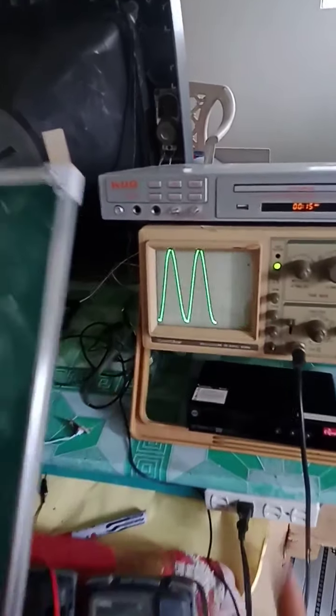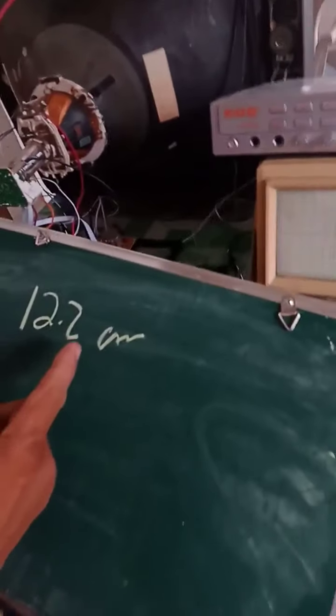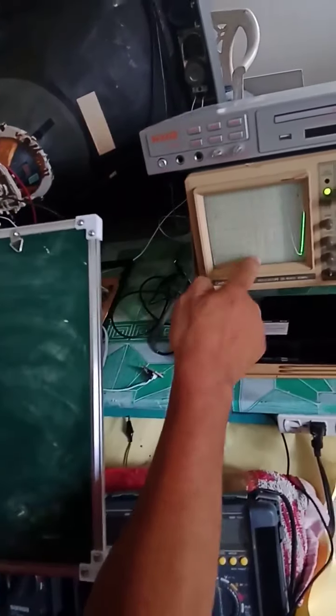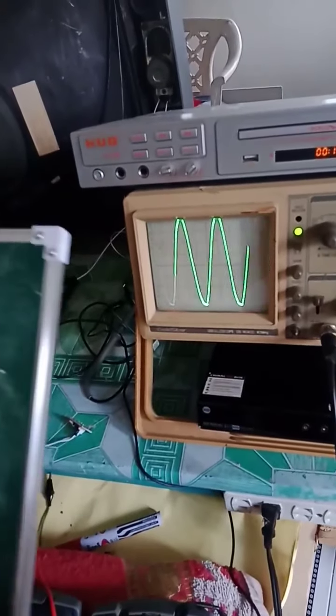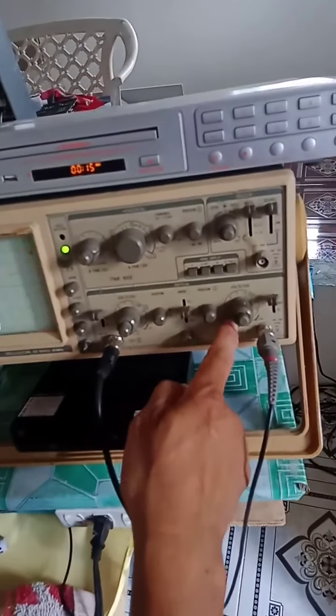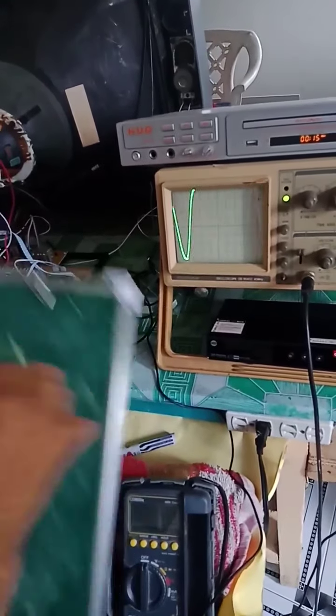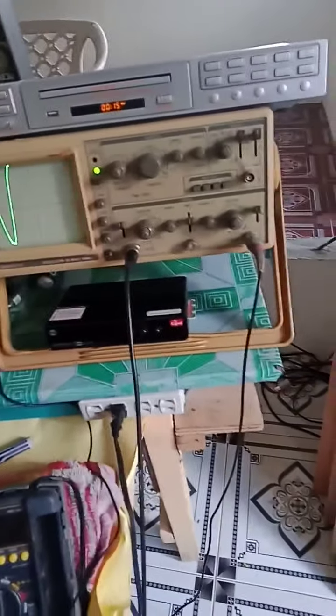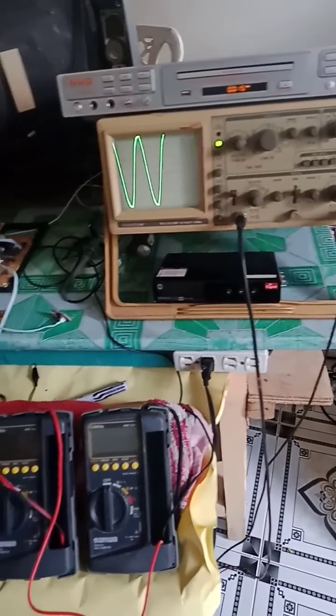There are 12.2 centimeters because every division is 1 centimeter, times the range of the voltage that we are using now, which is 5 volts, times there is a magnifier here.